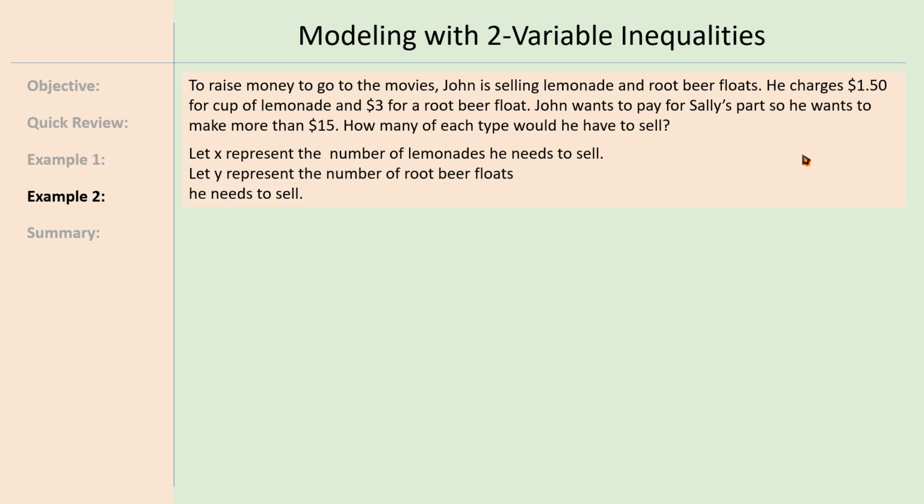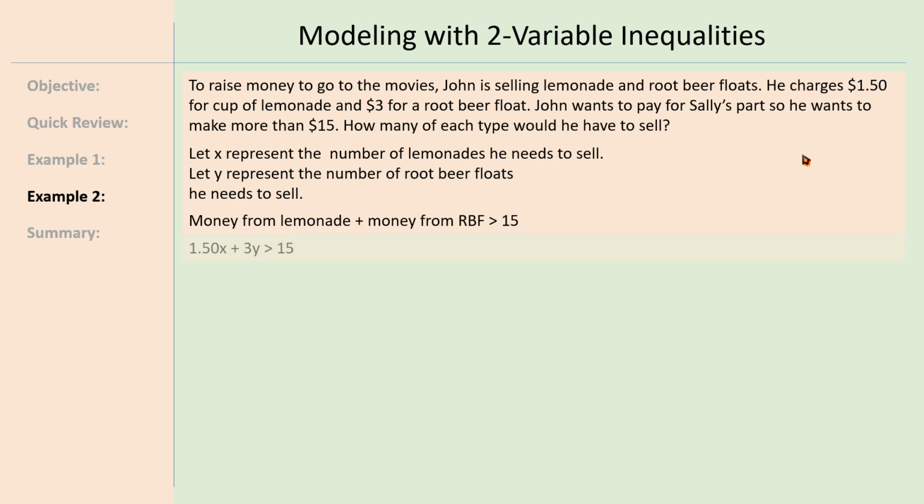The X and the Y, you can swap them in these situations. It won't matter. Here I know that the money from the lemonade and the money from the root beer float has to be larger than 15 because he wants more than 15. The money from the lemonade can be calculated based on how much he's selling for each. So lemonade, he's charging 1.50, so 1.50 times the number of lemonades gives you the money for lemonade.